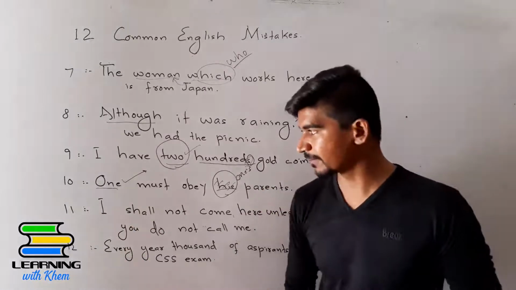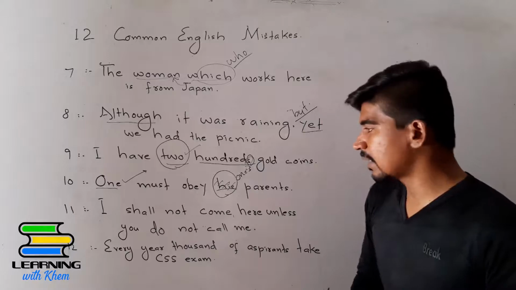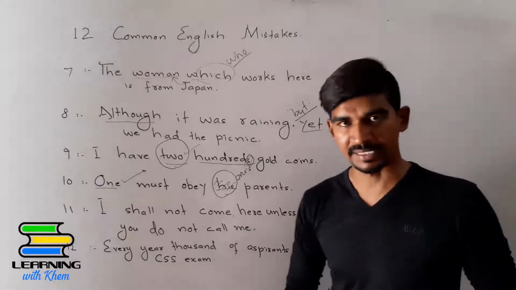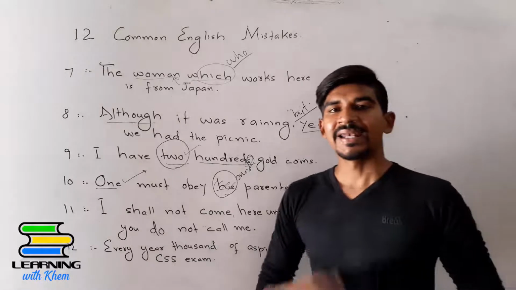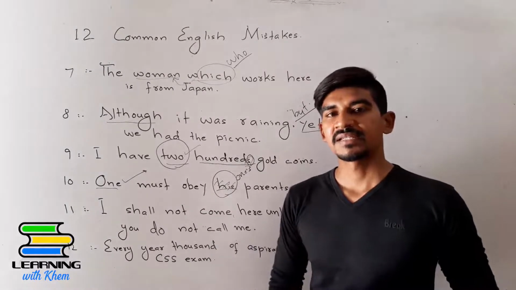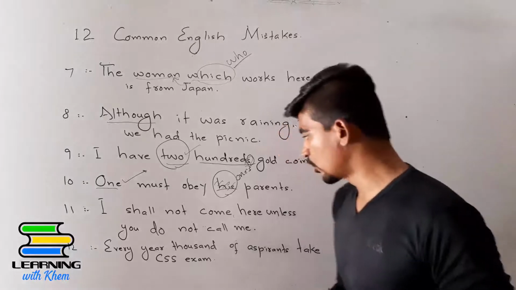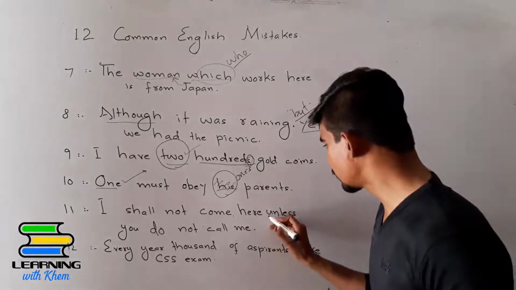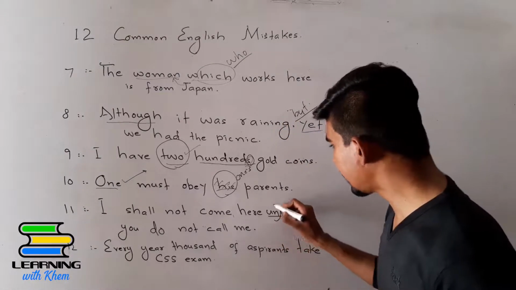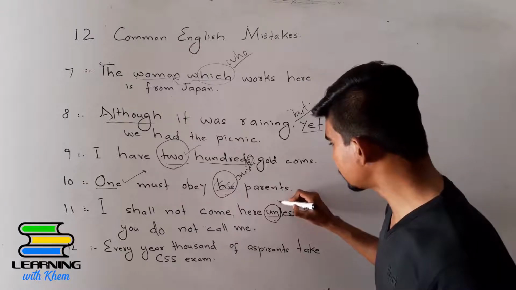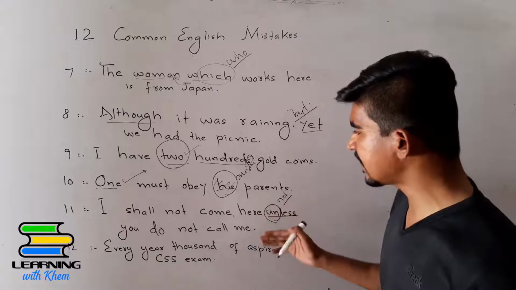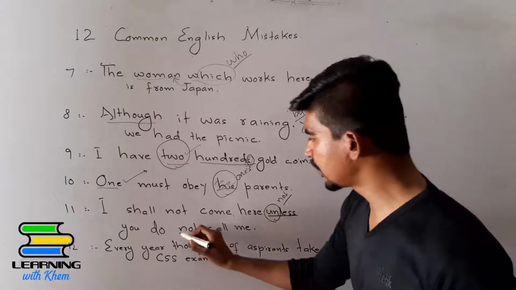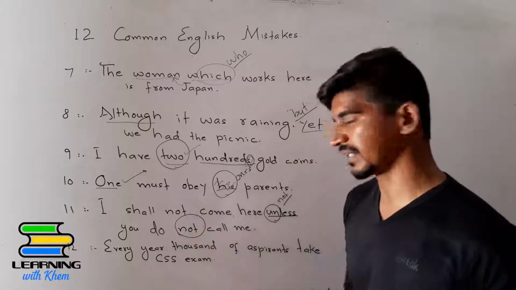Okay, moving on. "I shall not come here unless you do not call me." Now we can never negate twice in one sentence. Here, look carefully, we have used the word "unless." In the word "unless," "un" means not. So this sentence already has a negative, and we need not write another "not" here.